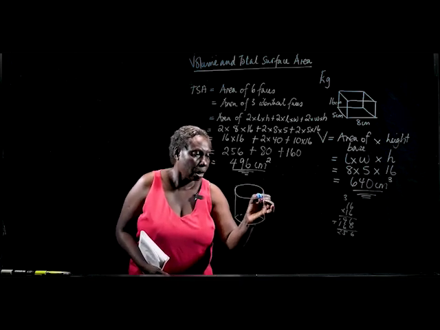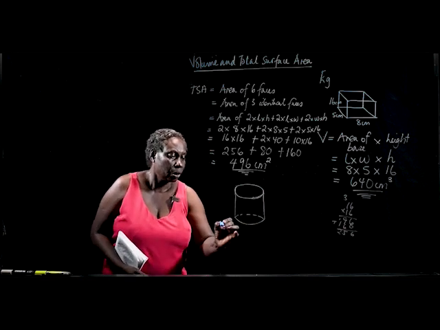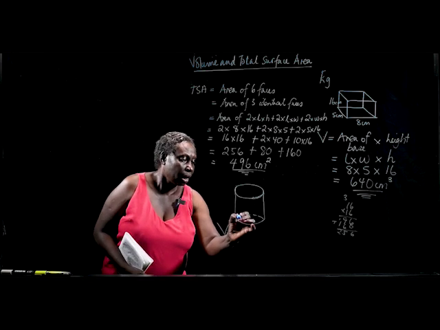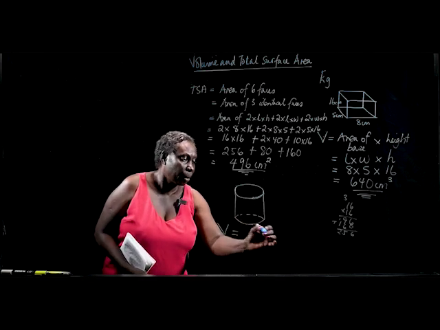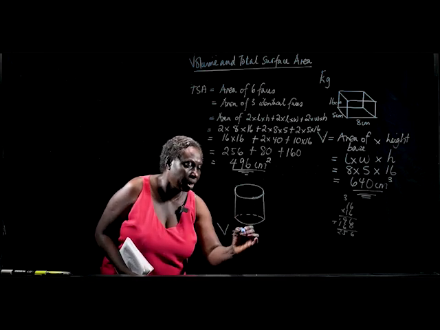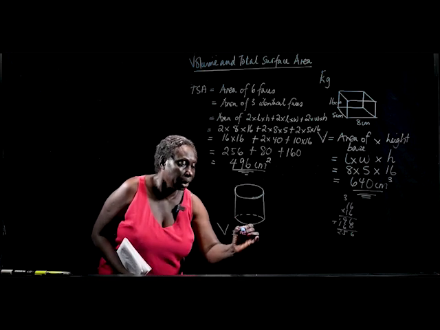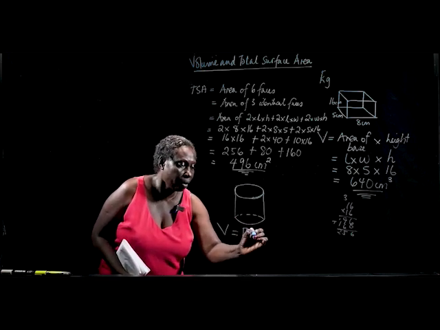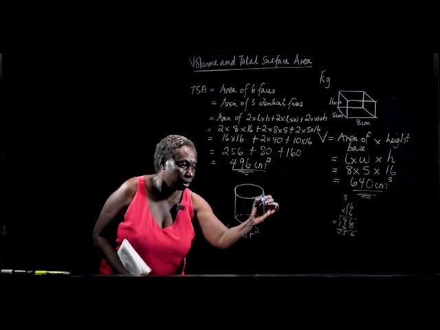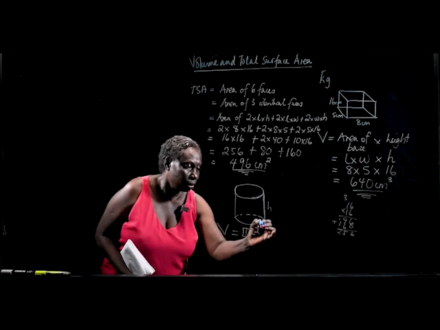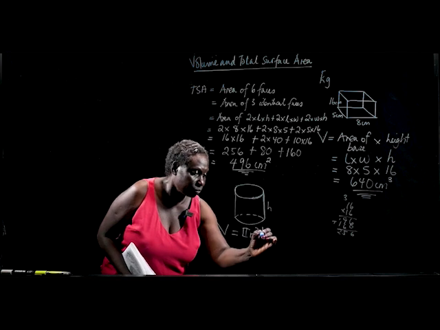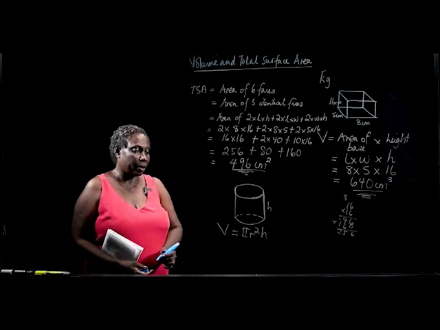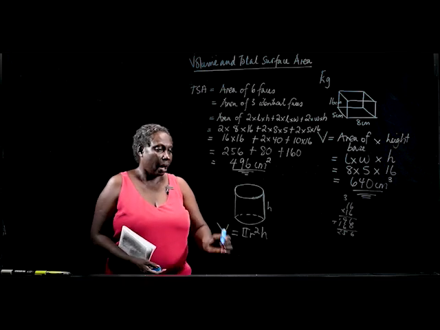Now, how do we calculate the volume? The volume is equal to the area of base multiplied by the height. So, the base is a circle, and we know that the area of a circle is pi r squared multiplied by the height.